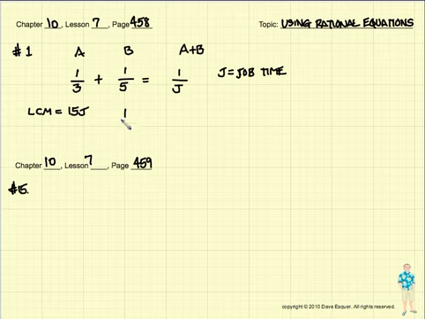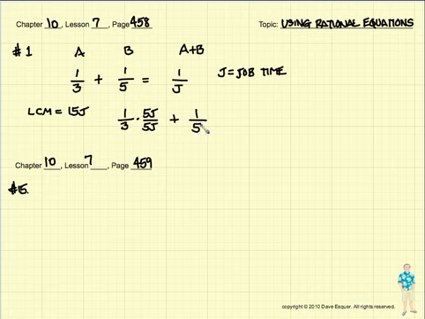Okay, so if we do that, then we have 1 over 3 times 5J over 5J. Remember, we're looking for an LCM of 15J, plus 1 over 5 times 3J over 3J. It's still 15J.